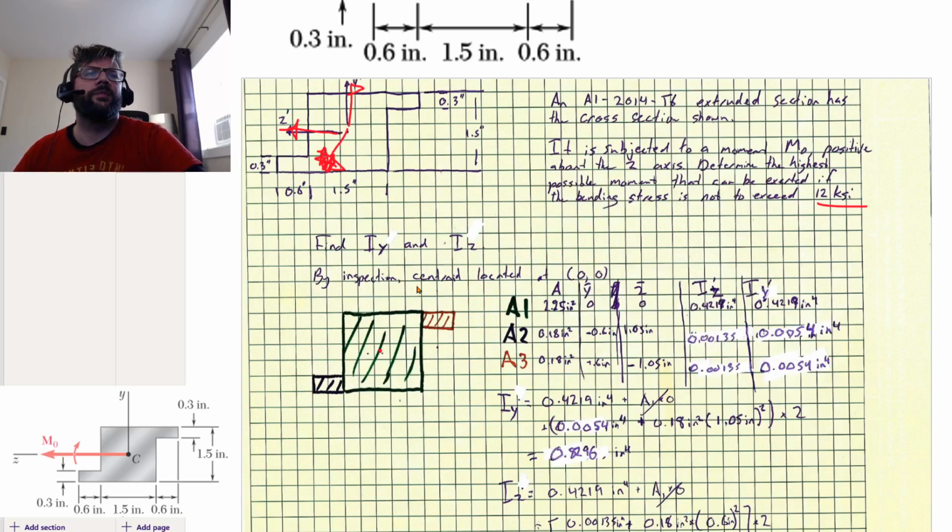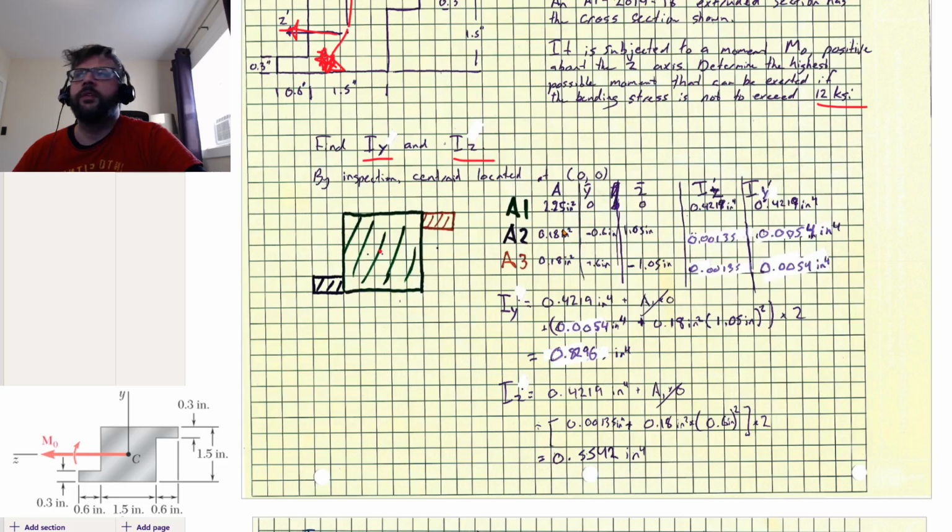So you're going to have to find IY, find IZ, and also find your IZY and use that to figure out where the prime axis for this cross section is, and then from there basically transform your coordinate system.